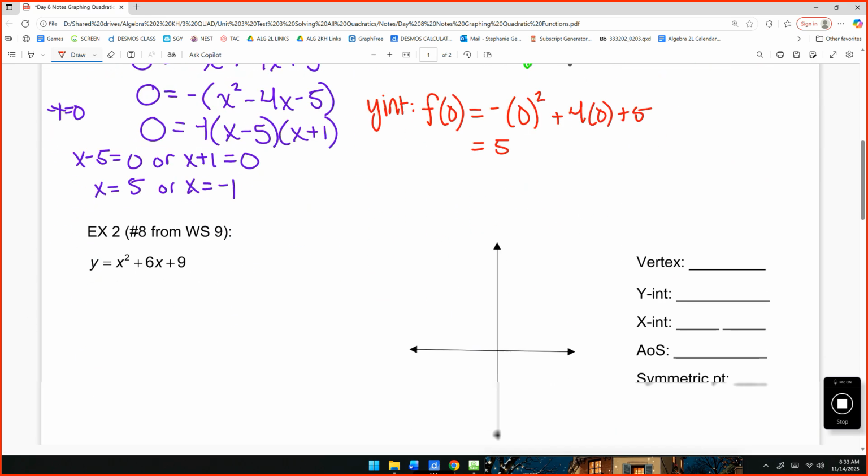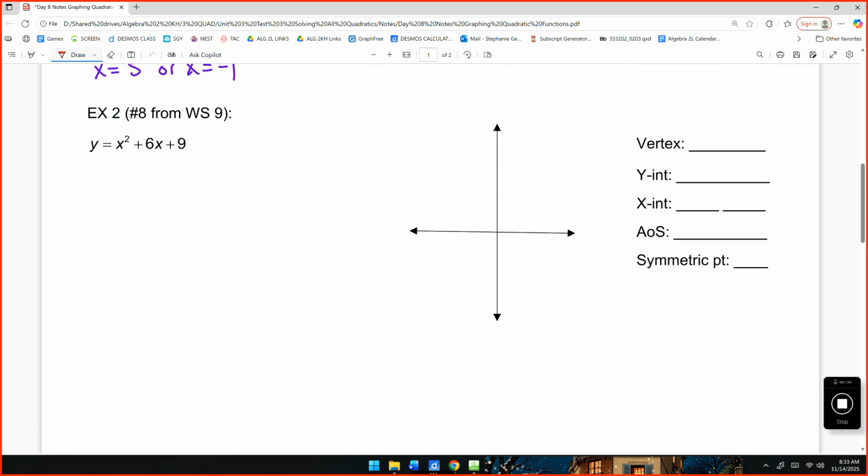Okay? All right, now each of these that we've chosen to do, they have a little something different about them. So let's do example 2, which is number 8 from worksheet 9. Again, we're going to start with the axis of symmetry, that little chunk of the quadratic formula, negative b over 2a. So I'm going to find that, or opposite b over 2a, I guess.